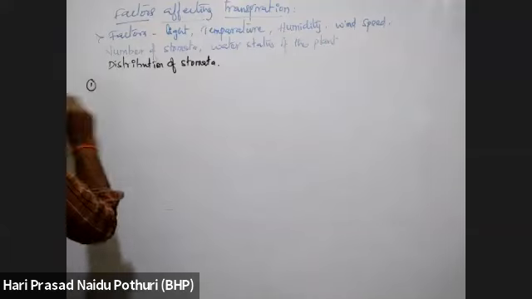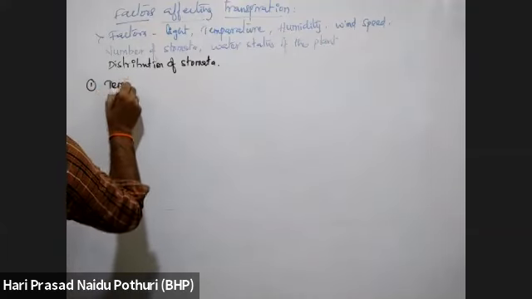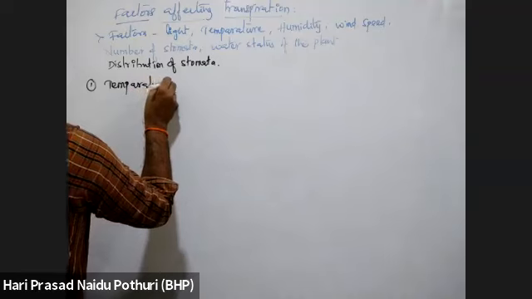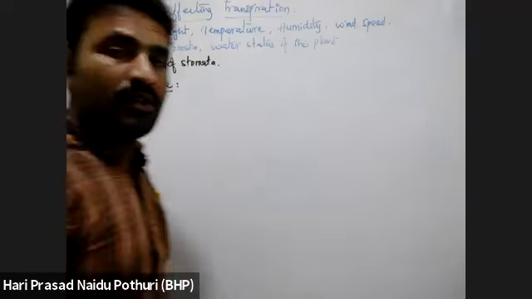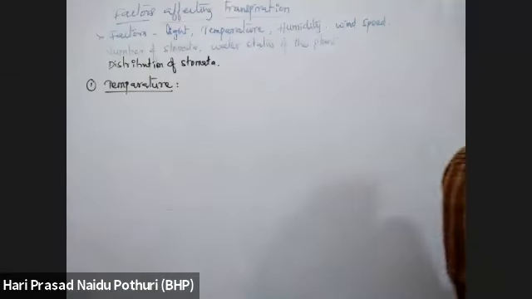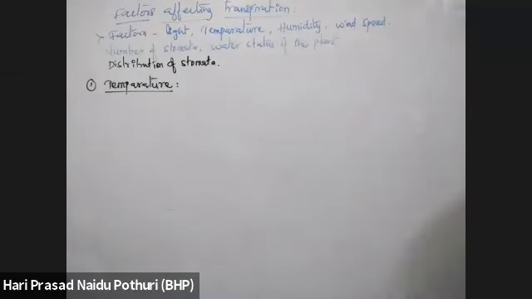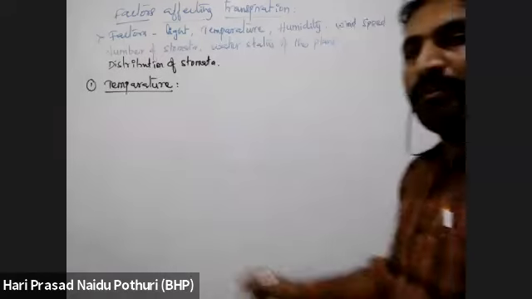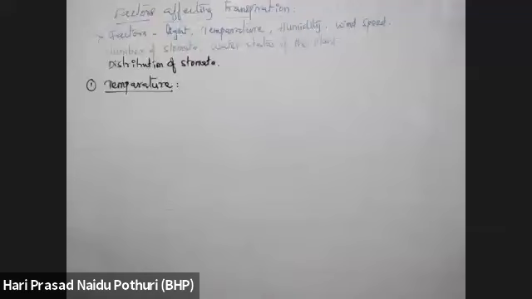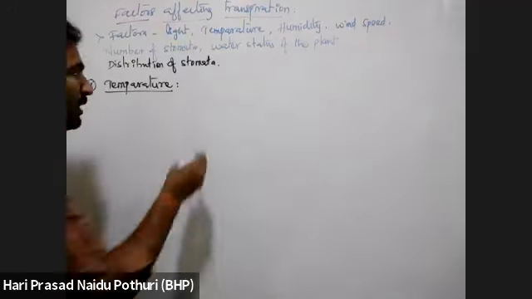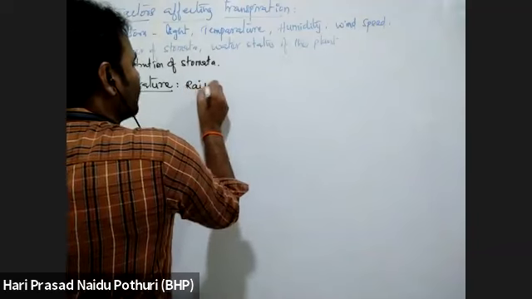See them one by one. Suppose we take temperature. What is the role of temperature in transpiration? Temperature is responsible for converting water from liquid to vapor form. A rise in temperature increases the rate of transpiration.